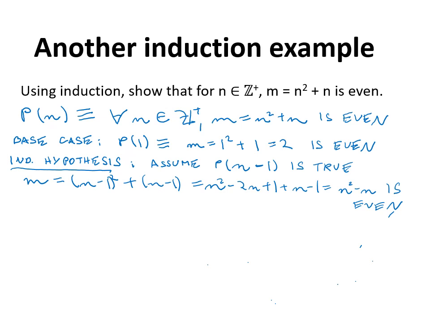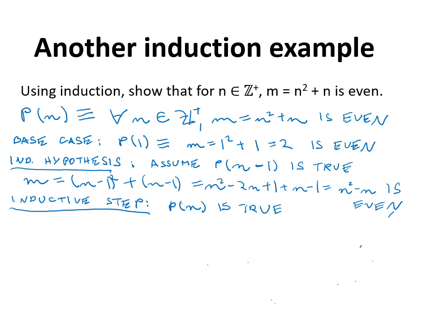And now we have to do the inductive step. Okay, so we assumed in our inductive hypothesis that P of n minus 1 is true. And now in the inductive step, we want to prove that P of n is true. So between the hypothesis and the step, you always have to move just by one.